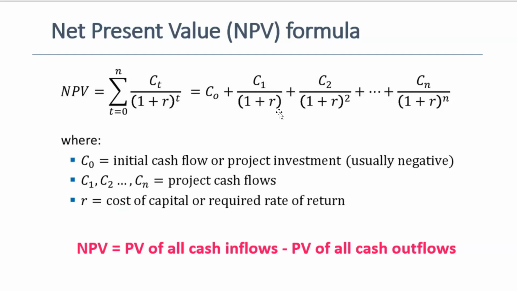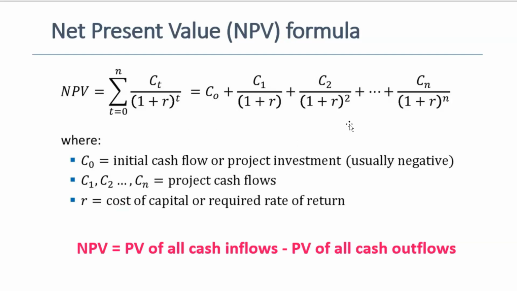For example, here the first discount factor, the first term in brackets, is raised to power 1 because it's related to period 1. The second discount factor, this denominator in brackets, is raised to power 2 because this is the cash flow from period 2, and so on. So we take all cash flows, discount them using the appropriate discount factor, and add them up.